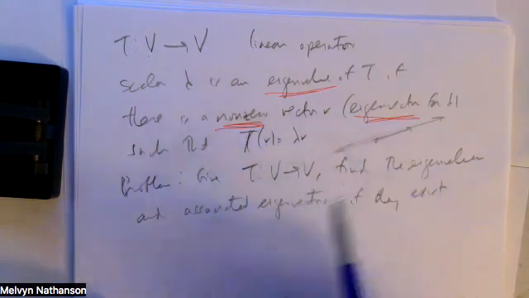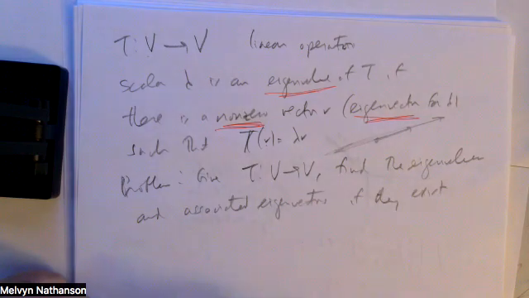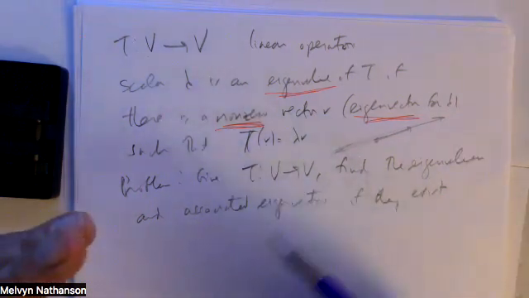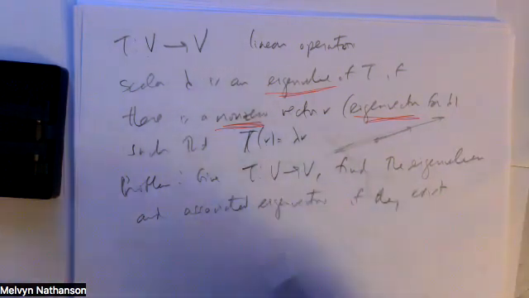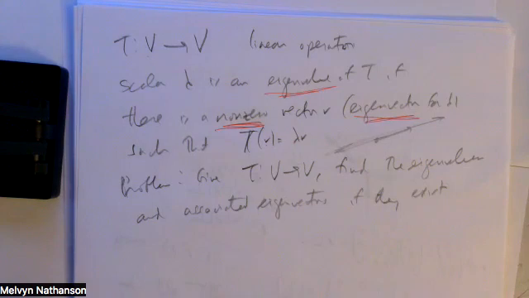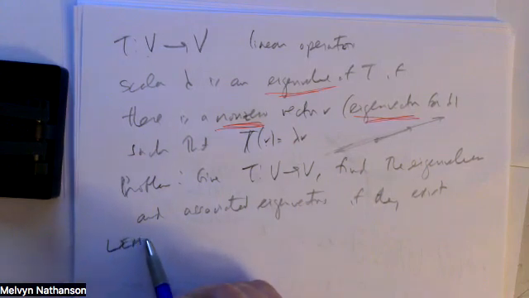I mean, there doesn't have to be such an eigenvalue, but if they exist, find them. And you might say, well, maybe there are a million of them. Maybe there are infinitely many. But there's a certain limit to how many there can be, because there's the following lemma.